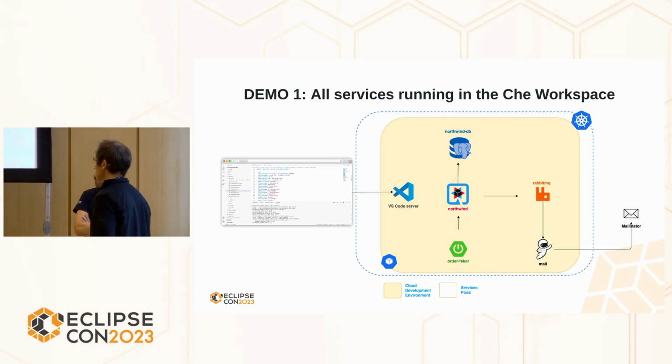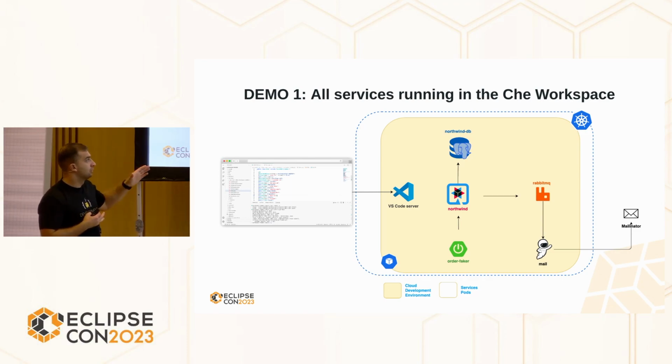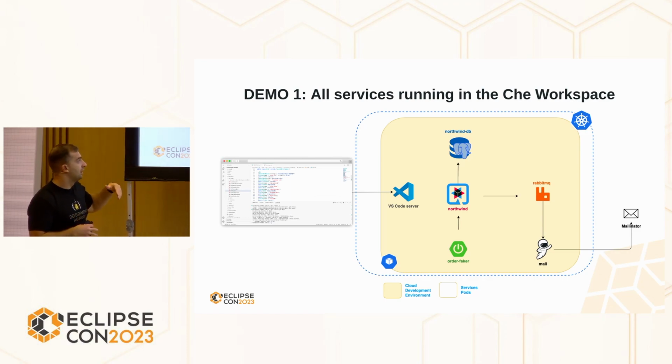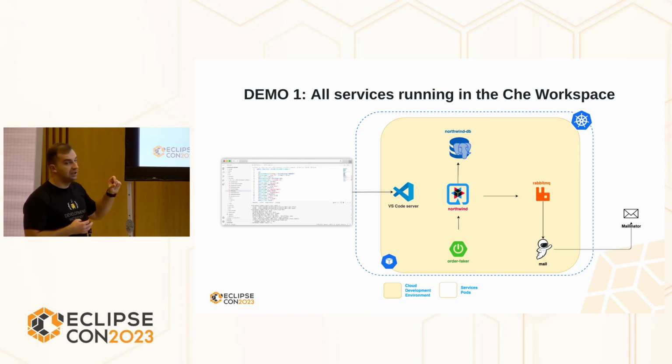Yeah, thank you, Mario, for the great introduction. So in the first demo, how we are going to develop the application is we're going to start from GitHub, and then we are going to start our development environment. In this development environment, all the microservices are going to run inside one pod.